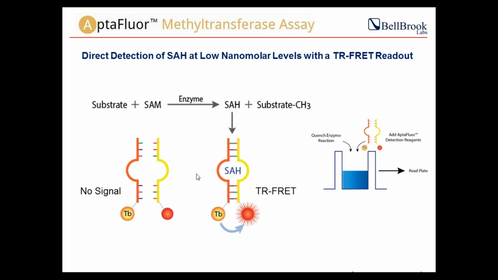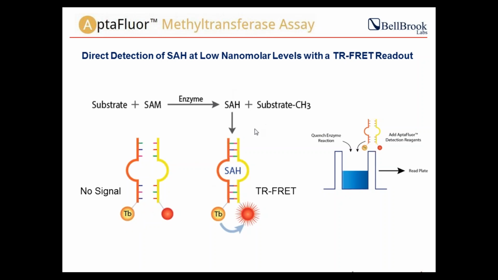As you can see in this graphic here, one half, the yellow one that's shown, is attached to a far red fluorophore, and the other half is attached to biotin, which is further conjugated to streptavidin terbium. We just show it here as terbium in this graphic.